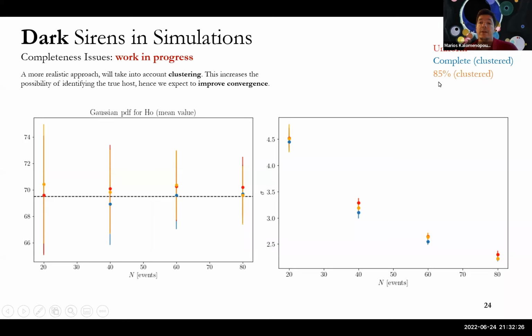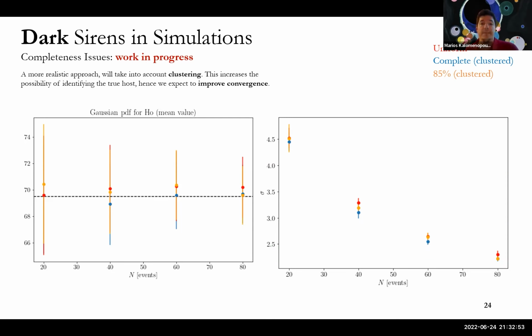And the orange one is from an 85% complete catalog, with the rest of the galaxies missing due to observational magnitude limitations. So we complete the missing galaxies by uniformly putting them in the region. Some extra information on that I have included in the bonus slides at the end.